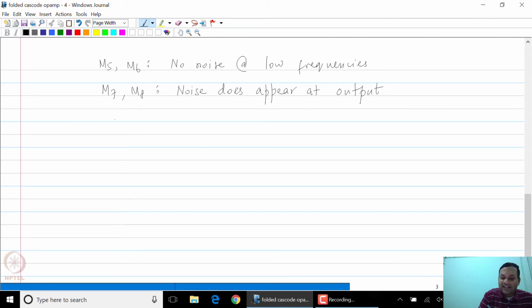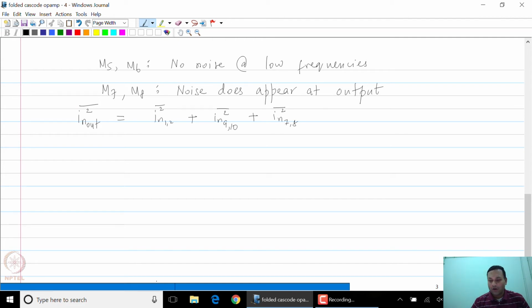Therefore, you will find that the output short circuit current will consist of 3 portions. So you will see IN1 and 2 plus IN9 and 10 plus IN7 and 8. And clearly, these noise sources will not be correlated.